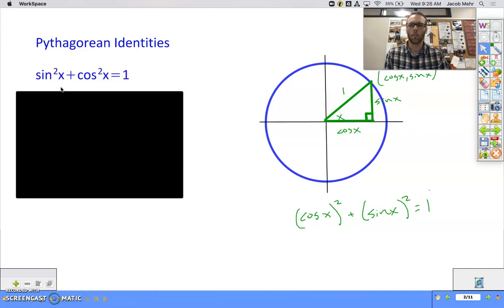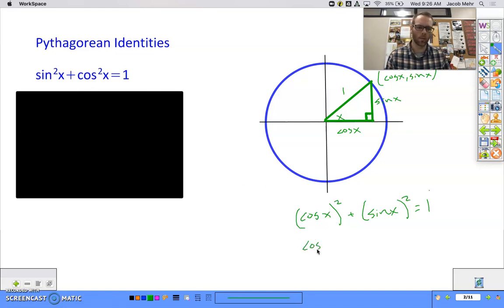Now, I wrote this here a little bit different. I just put it in the other order, but of course with addition, the order doesn't matter. Now notice we can write the cosine of x squared this way, but we also have a shorthand way of writing that, where we put the squared there. Kind of saves us that extra work of writing those parentheses. We can do the same thing with the sine.